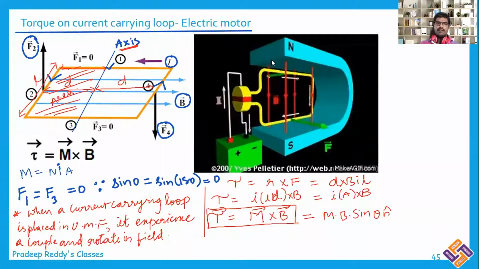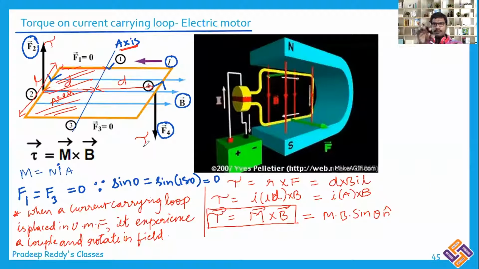So as a result, when you are placing a coil in an external magnetic field, it is experiencing a torque upward and a torque downward. Whenever two opposite forces act with respect to that axis, it will rotate, and that is called a couple.